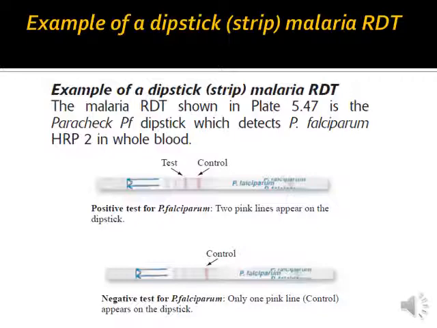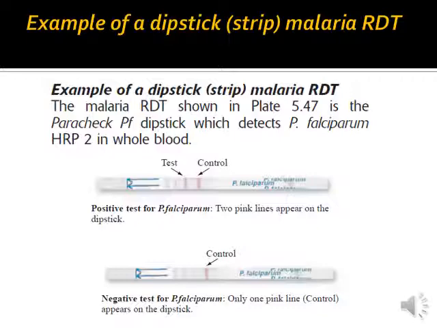which are bound with colloidal gold conjugate particles will combine with the antigen, and they will be immobilized on this line of test which is containing antibodies against the histidine rich protein.